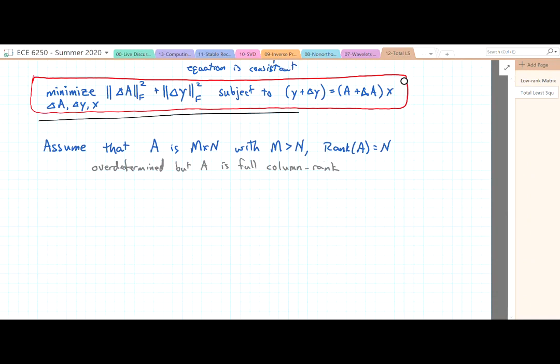Okay, let's start with the constraints that we had before, which was y plus delta y is equal to A plus delta A times x. We're going to ignore the error for right now.